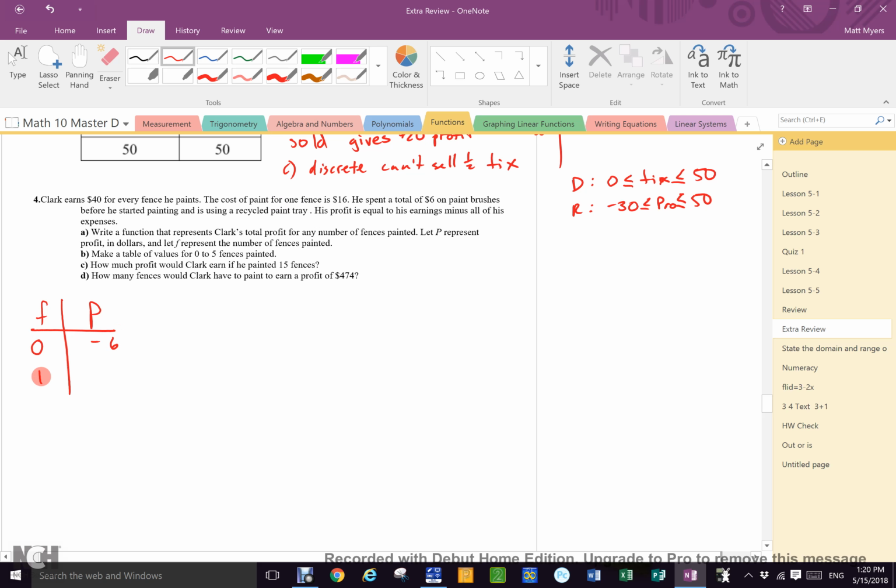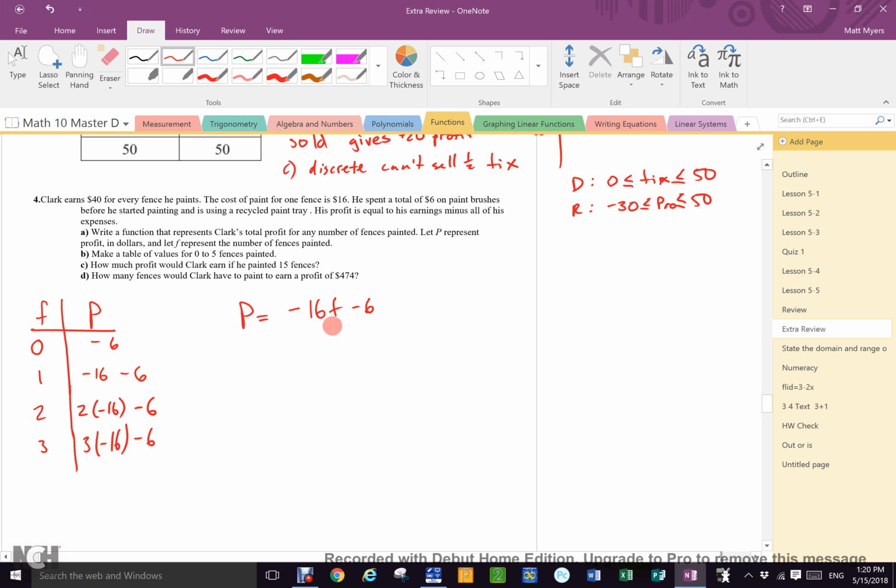If he paints 1 fence, he loses that 16, but he still loses that 6. If he paints 2 fences, he loses 2 times minus 16, but he still loses that original $6. 3 times negative 16 minus $6. So the same as the 16 thing, right? So his profit must equal negative 16 times his fences minus 6. That's going to be a negative number though, isn't it?